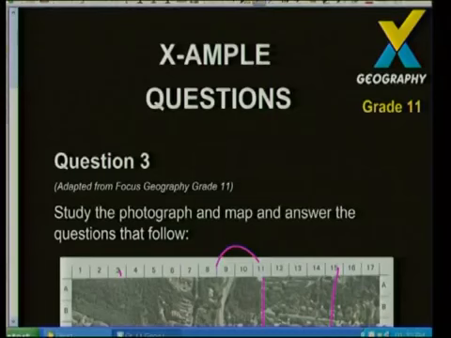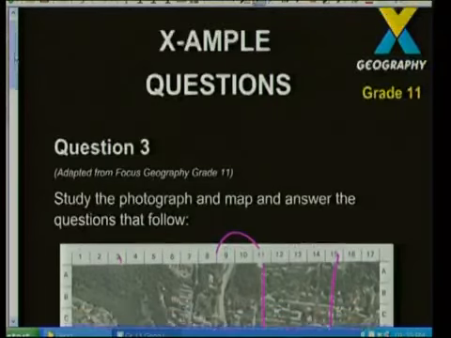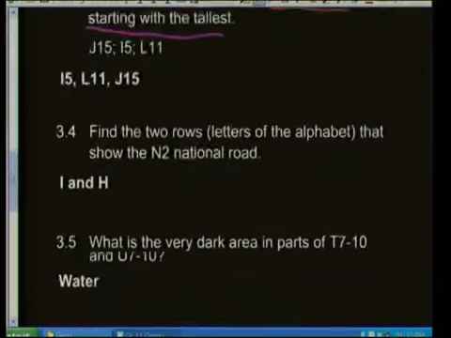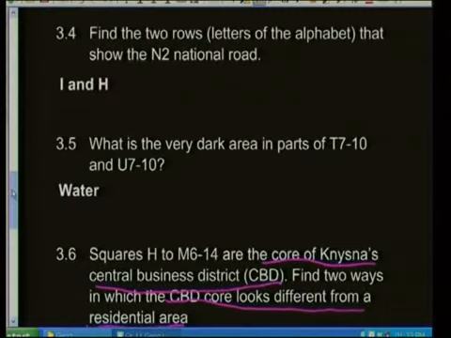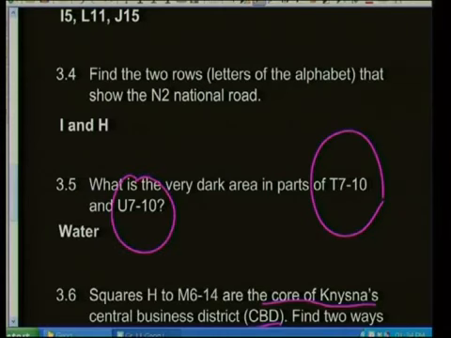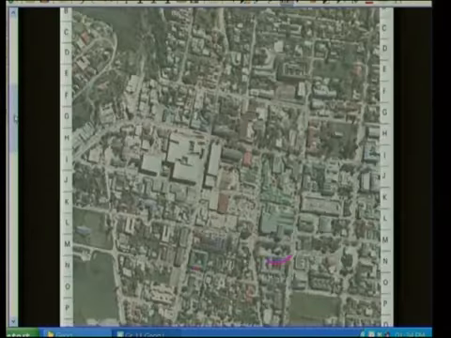So before we even look at the answer, let's check this down here. We looked at, and I want to get back to it again. My memory is going, so I must check which two areas we looked at. T7 to 10 and U7 to 10. Okay, T7 to 10 and U7 to 10. So let's go back. And I'm going to look at it.